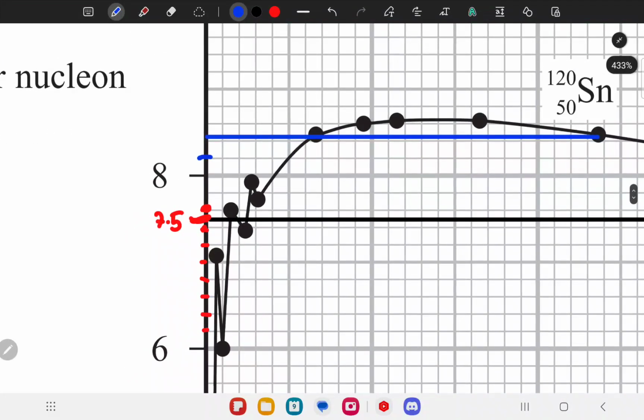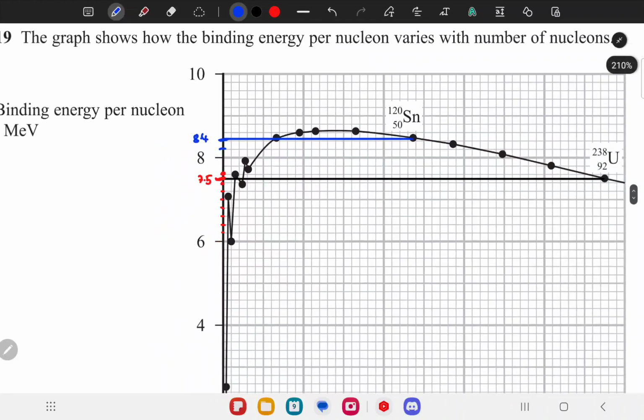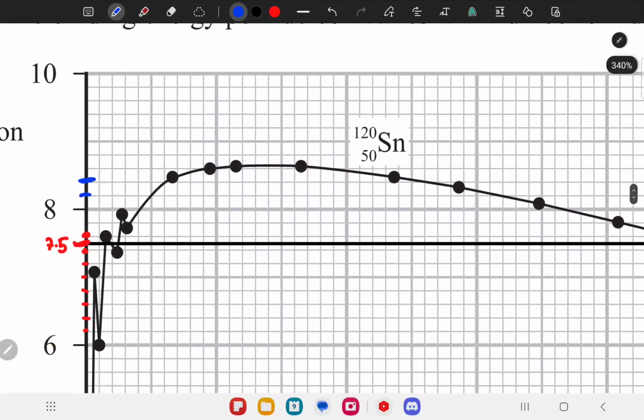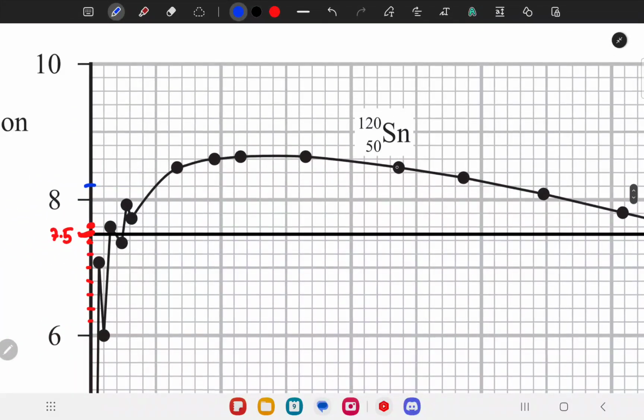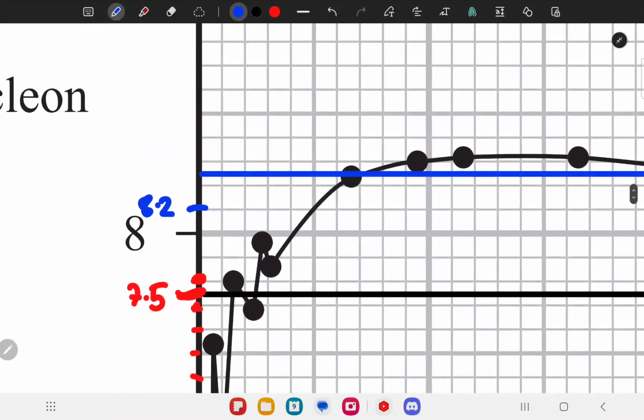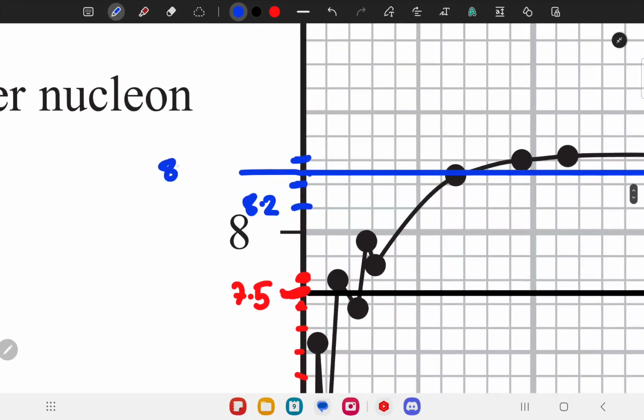And this one would be 8.2, 8.4. So for tin, it's 8.4. We could also consider it to be 8.5 since this is quite in the middle. So this is 8.2, 8.4 and 8.6. In the middle, it's 8.5.